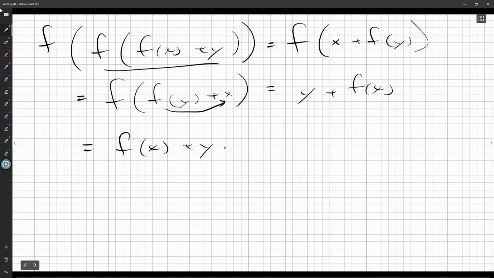Right? So f of this sort of expression is equal to this expression. Now, this is kind of important because we can use x and y to make whatever we want.